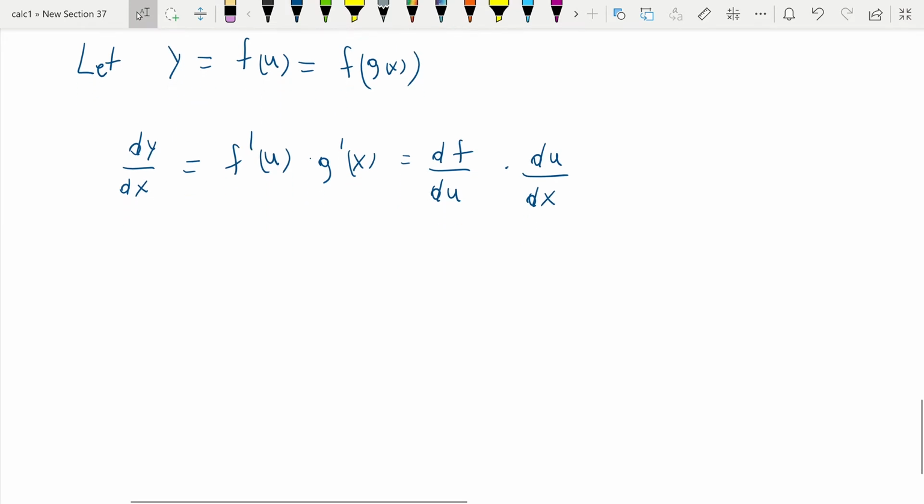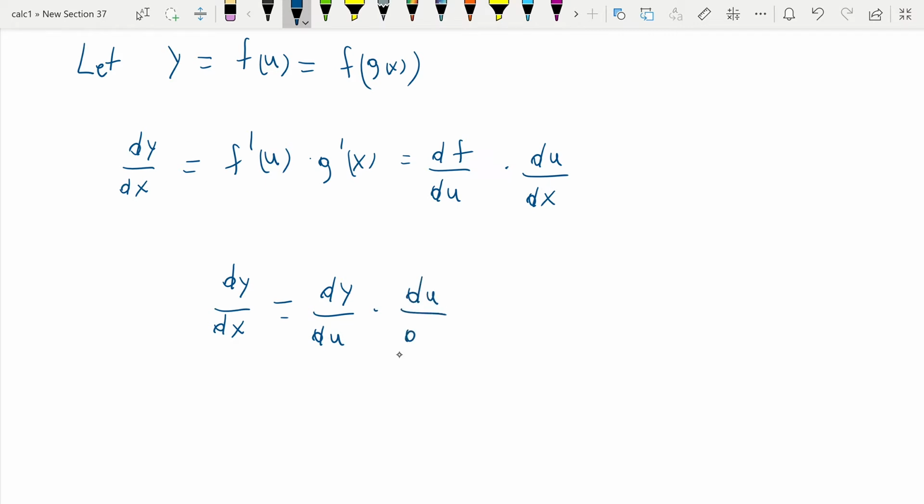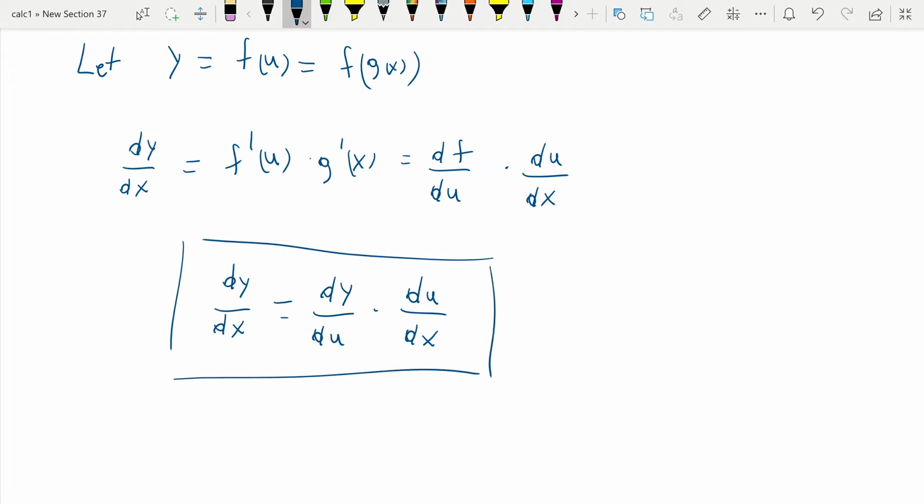And in other words, we can write dy dx is equal to dy du times du dx. So this is the chain rule, and it's the exact same rule, just in Leibniz notation.